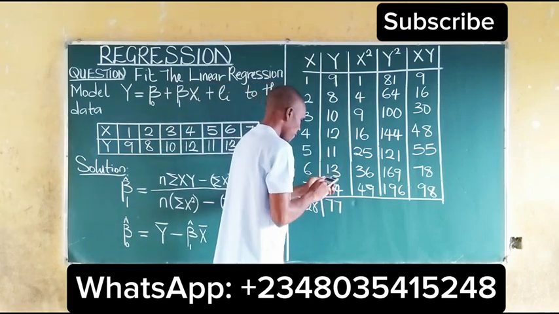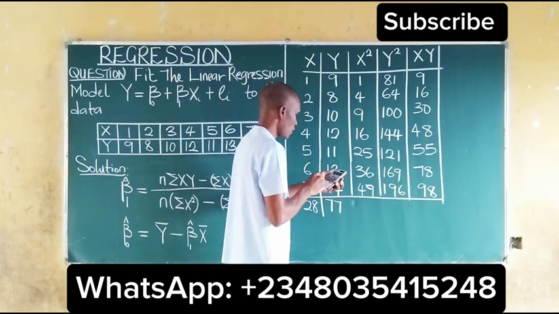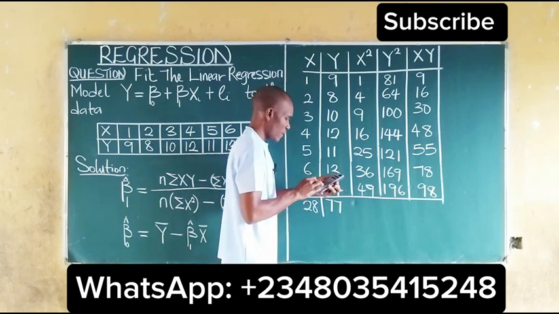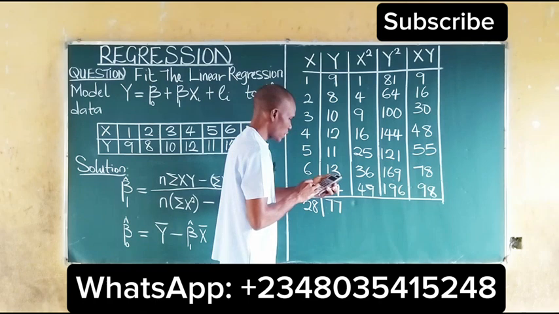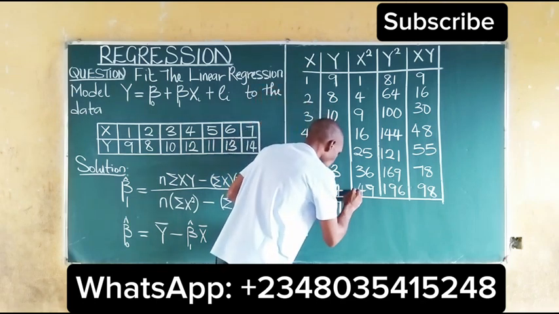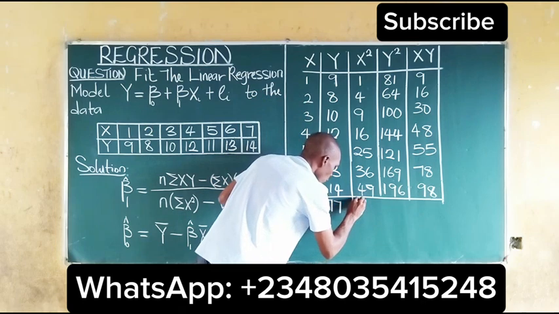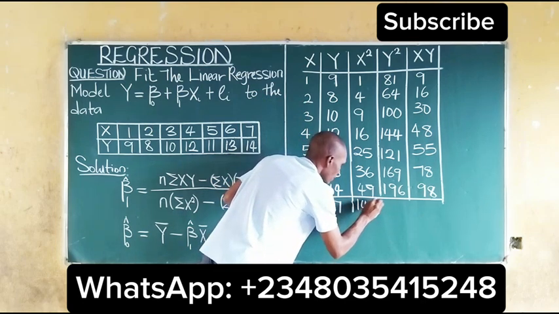The next one we have 1 plus 4 plus 9 plus 16 plus 25 plus 36 plus 49, which is 140.